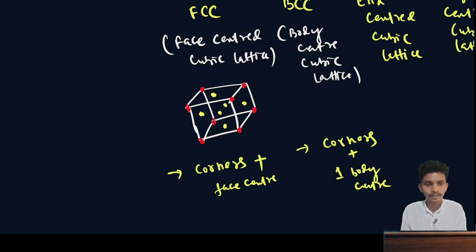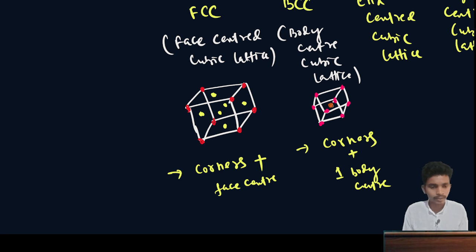Let's say if I make this, here all corners will be there, with one lattice point at the body center, that is in the middle.